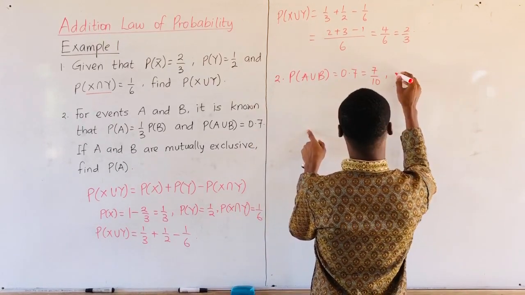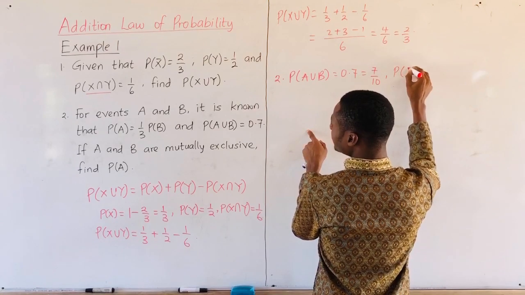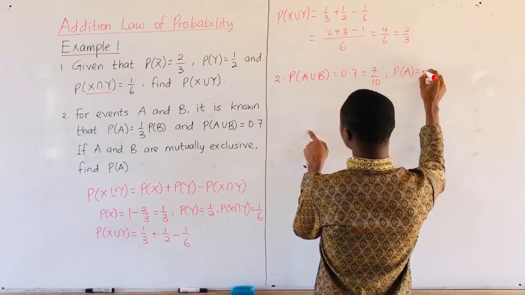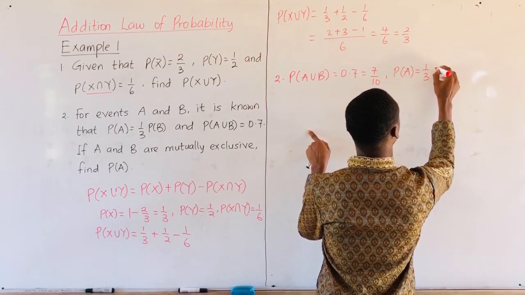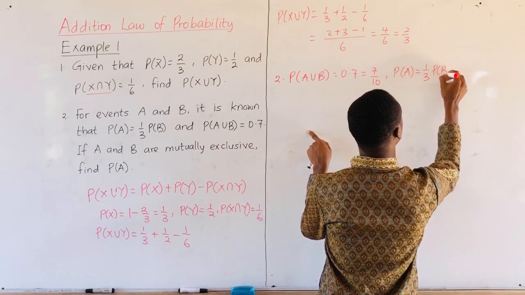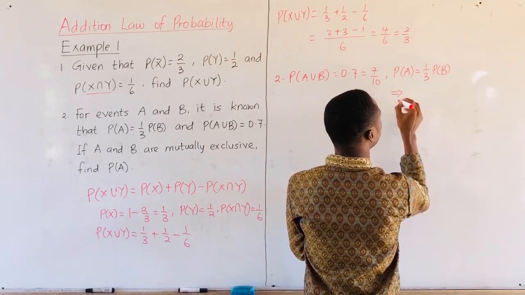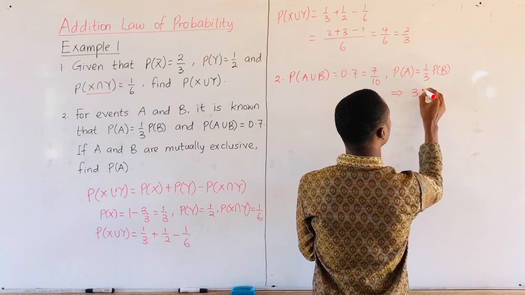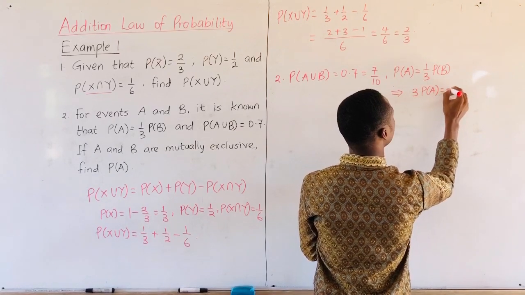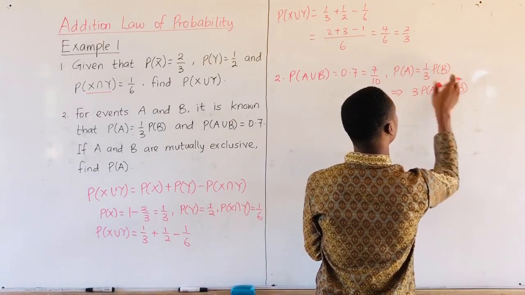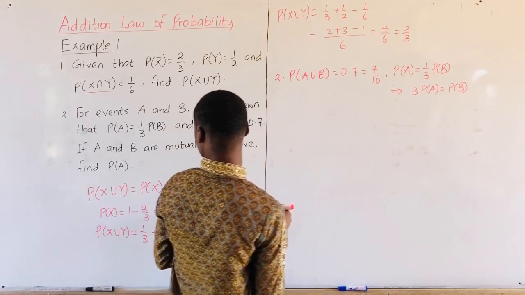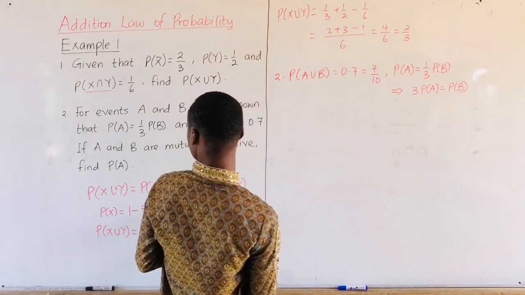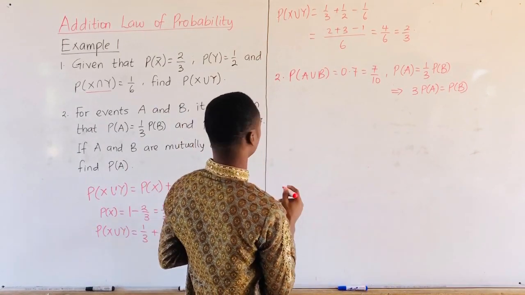We are given probability of A as 1 over 3 times the probability of B, which implies that 3 times probability of A is equal to probability of B from this data. Then we want to find the probability of A.